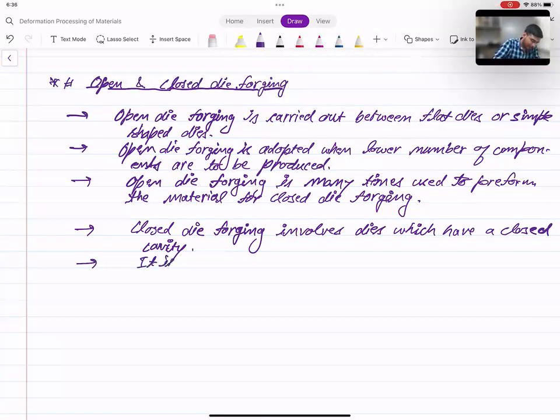This was for open die forging, and this we are seeing for closed die forging.